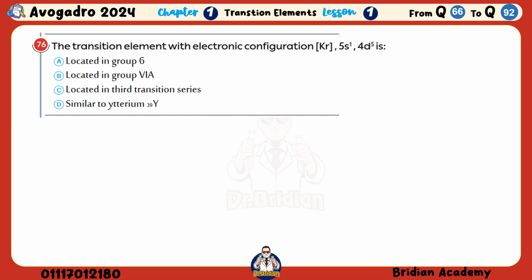Question number 76. A transition element with electronic configuration krypton 5s1 4d5 is. He asked about the location in the choices.